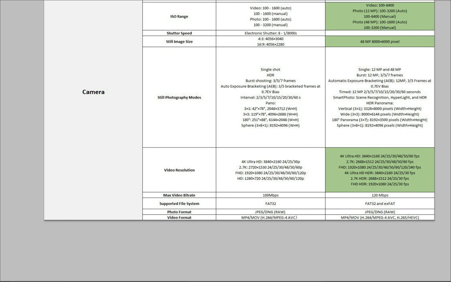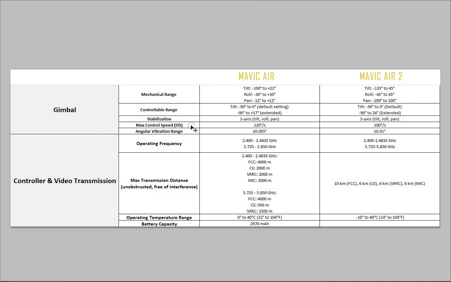Now let's talk about the gimbal. And if we talk about gimbal, 3-axis stabilization is there, which is available for all the Mavic Air products, and all the Mavic and DJI products. And then you have this mechanical tilt, which has also been increased.